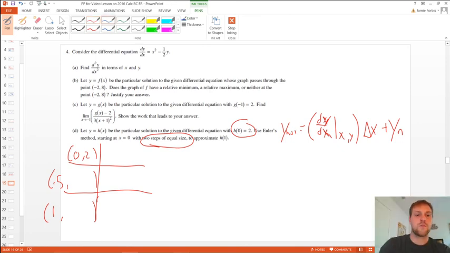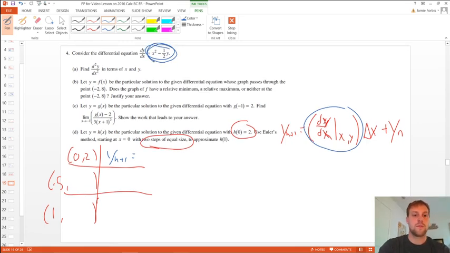So let's start off with finding this first y value at 0.5. I'm going to say y sub n plus 1 equals the derivative of my current point, I got the formula for my derivative up here, so 0 squared minus 1/2 times 2, times my delta x, which is 0.5, my change in x, that's always the same, and then plus my previous y value of 2.